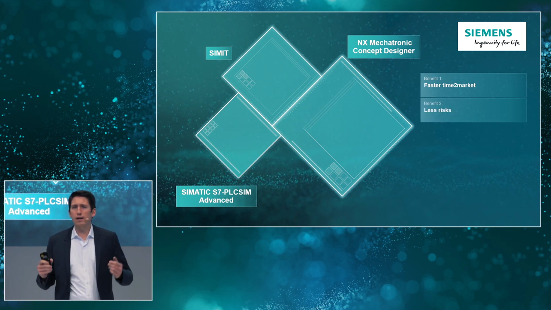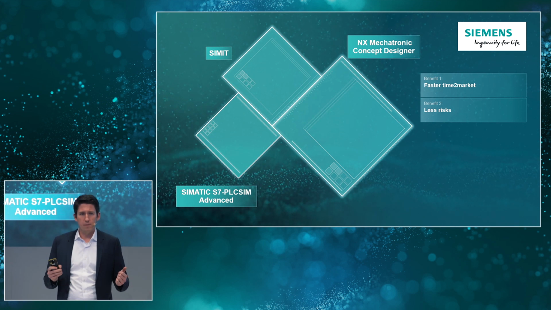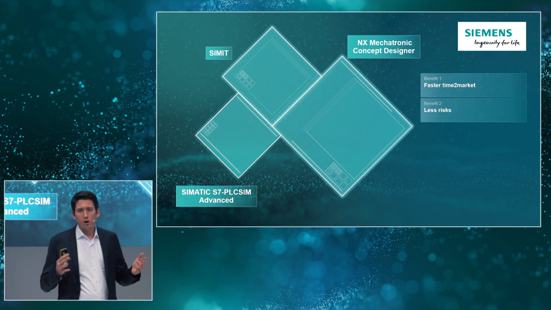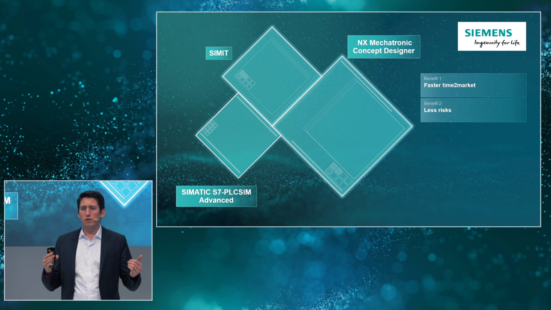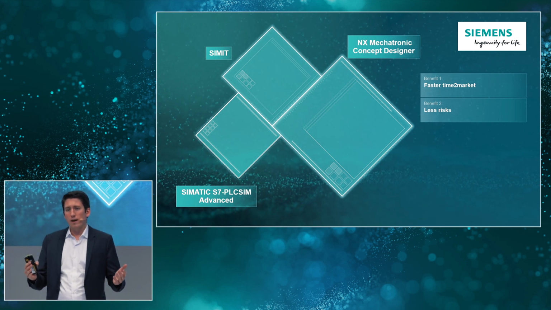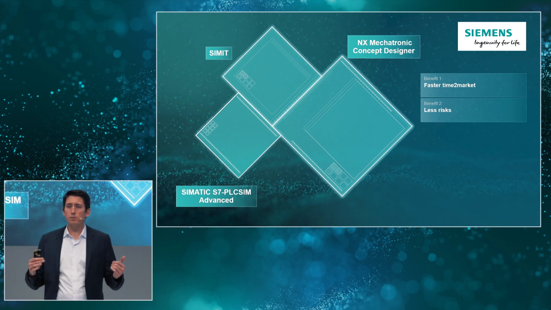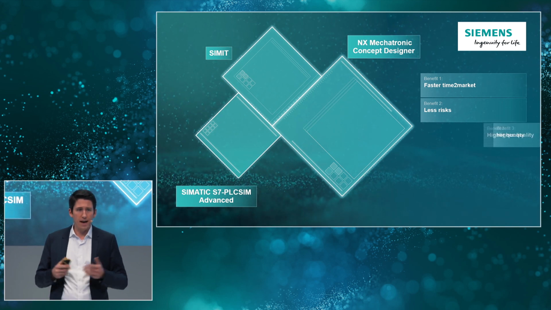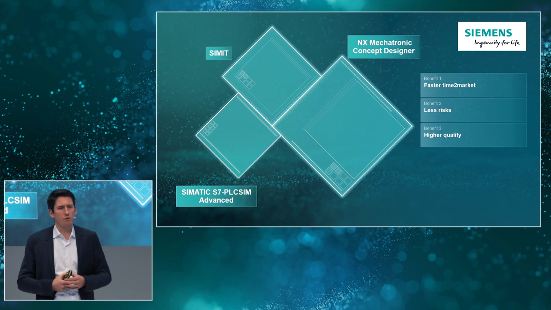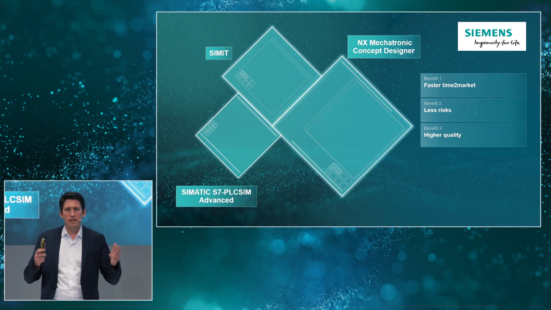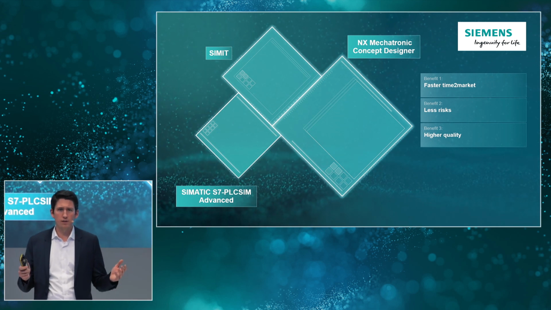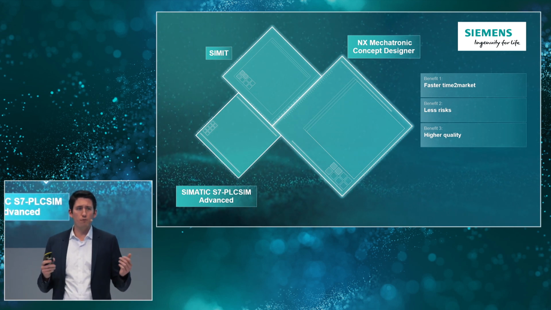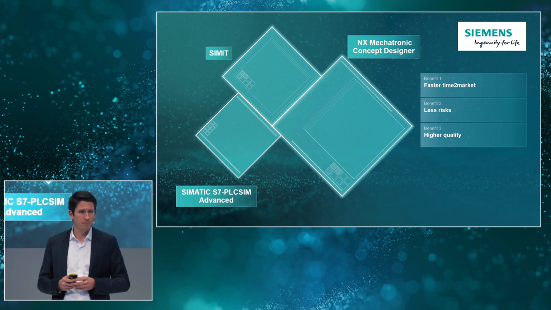Secondly, you can reduce your risks, because the virtual environment also gives a chance to reduce unplanned events and therefore reduce the risks when it comes to real commissioning. And you can achieve a better quality of your machines, because you can test different alternatives and choose the best one before the machine is built.